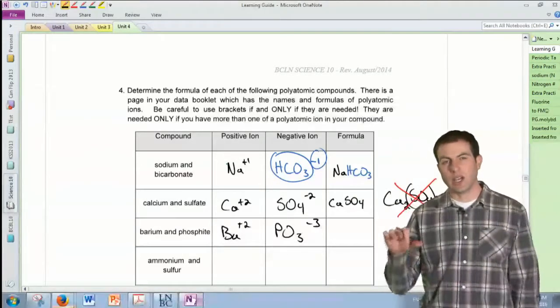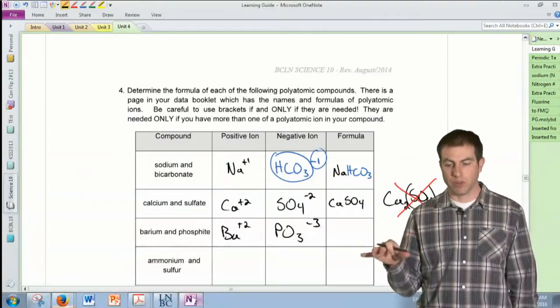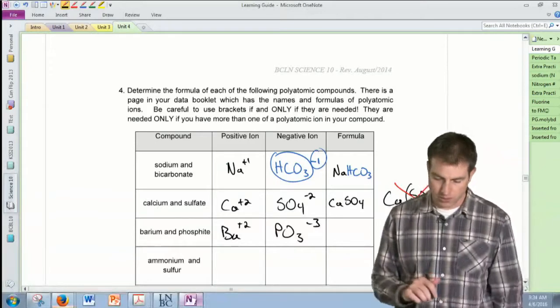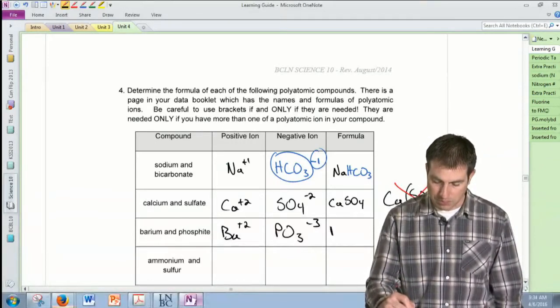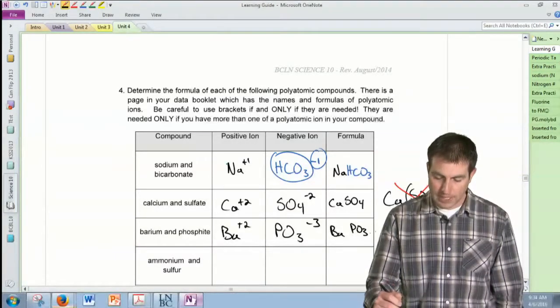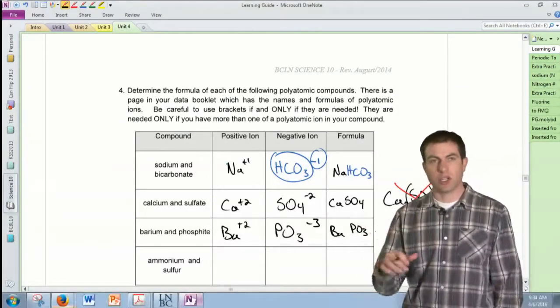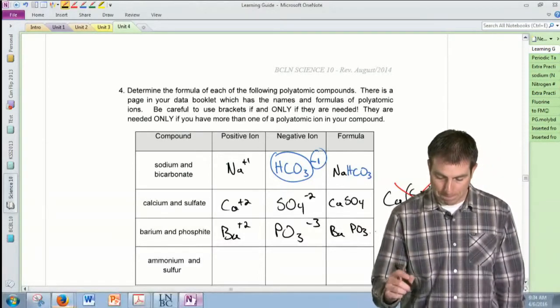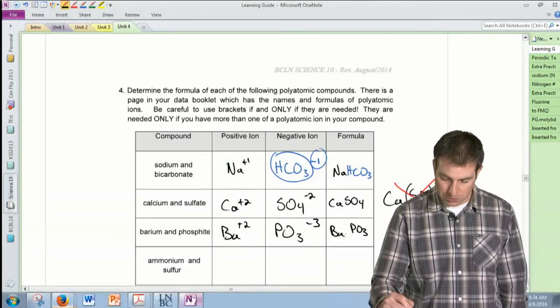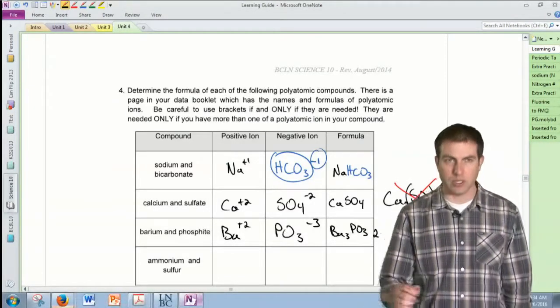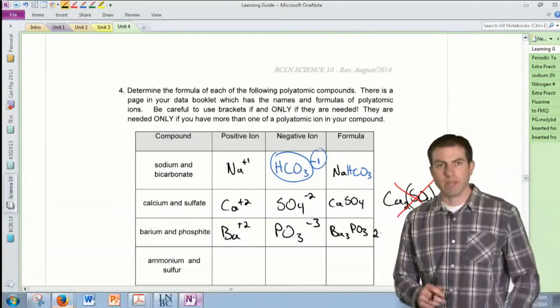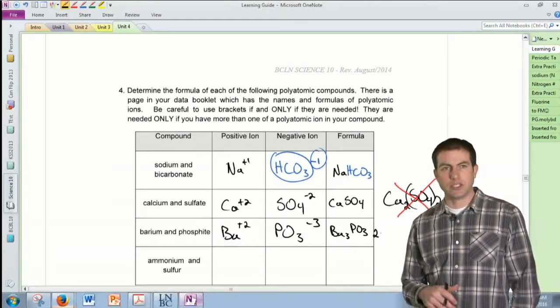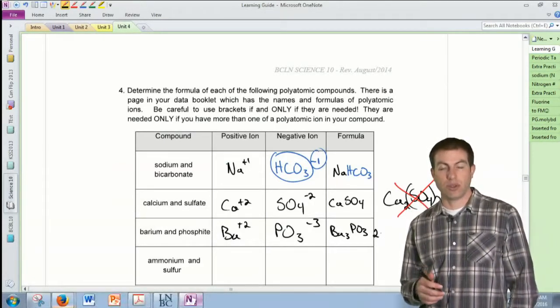Now this is the first time we're going to have more than one group of the phosphite. So we're going to have Ba, we're going to have PO3, and if you think about crisscrossing your charges, that's going to work here, but you're going to run into a bit of a problem. So Ba3, PO, and then you're going to drop a 2 down next to it. Now, you could imagine if I wrote Ba3PO32, that would be really confusing.